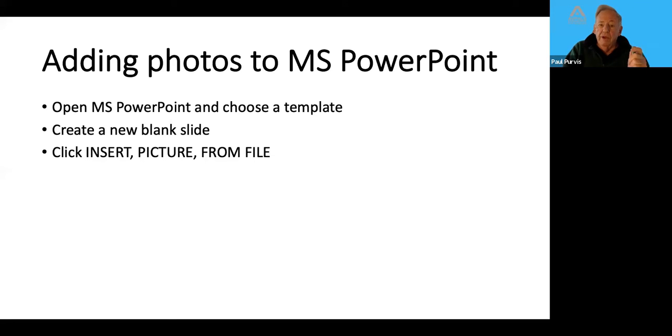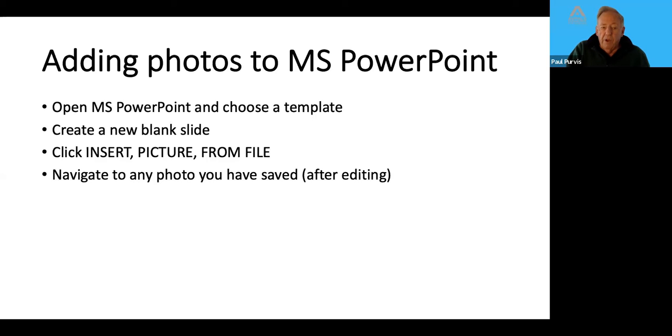You will need to navigate to that folder that you created earlier with all those edited photos. And you will click on the photo that you want. And follow your nose after that, because it will say Insert, and that's obviously what you do. And you'll end up with one slide which will have that single photo. I'm going to show you how in a minute.